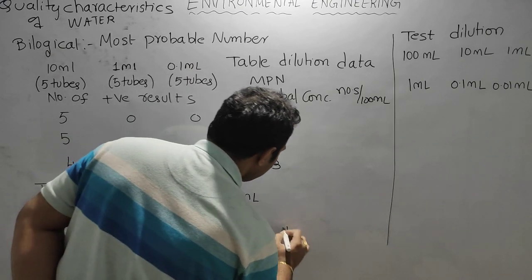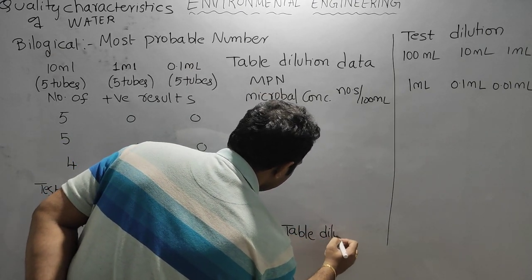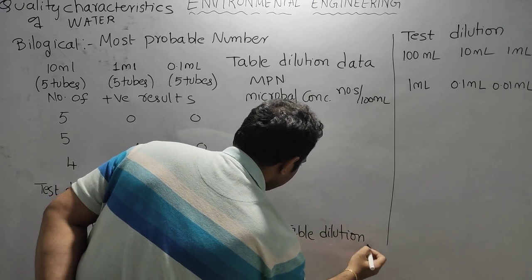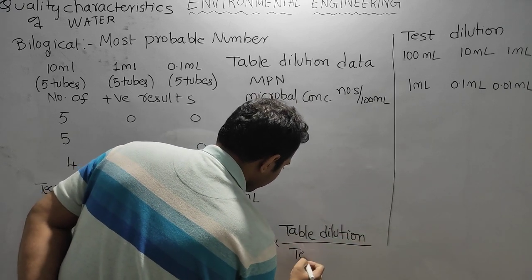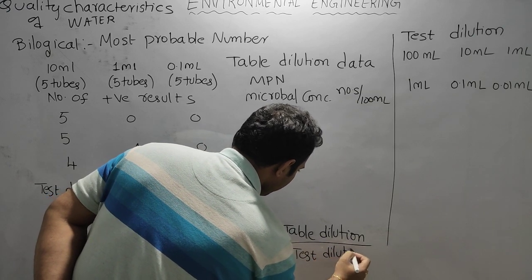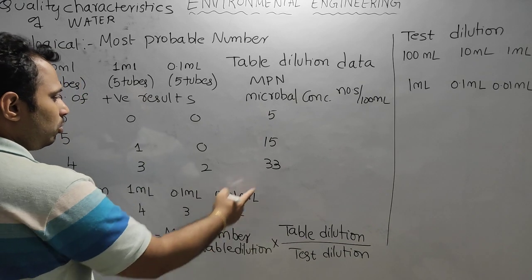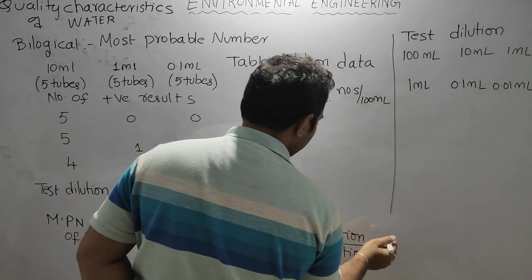Here the MPN number of the table dilution is 33.